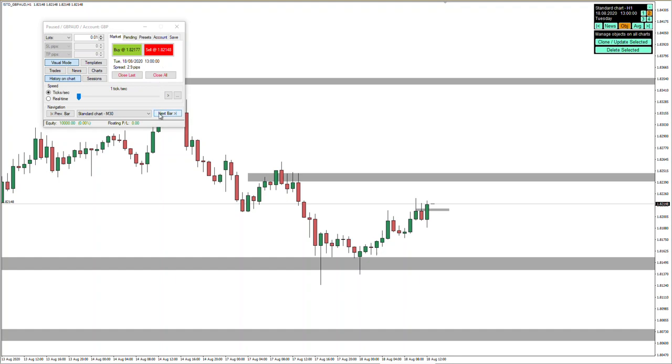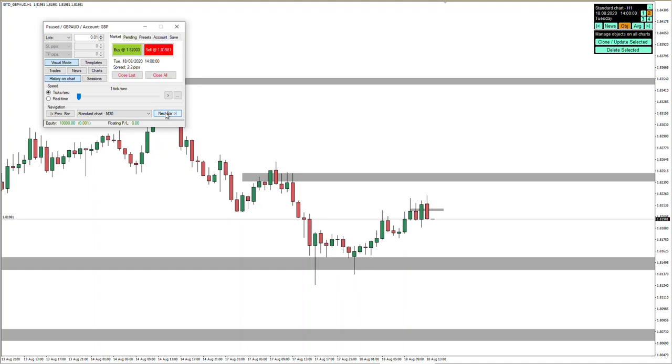I skip at once to the next candle. Okay, that's a doji, and I will skip another one. I don't know where the doji is left. That's quite funny. So this is very sideways price action. We can't do a lot right now.